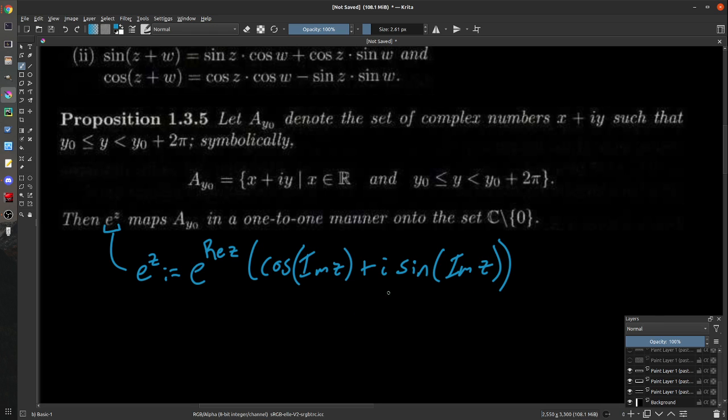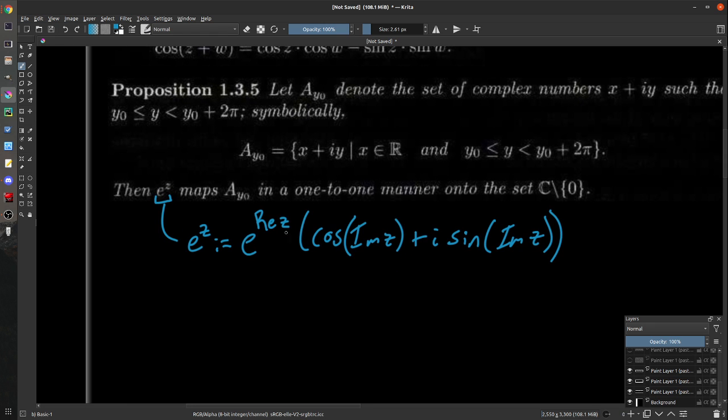We had this nice little thing right here. We might have written it in terms of x's and y's before, but writing it all in terms of z, it's like this. Notice that since cosine and sine are indeed periodic, just to remind everybody, the exponential function here is also periodic.